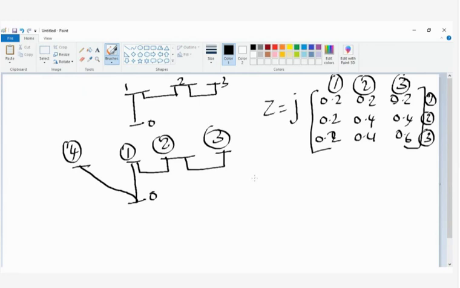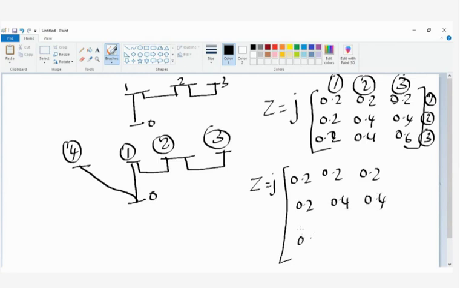We have to repeat the row and column of the node to which it is connected. So 0.2, 0.2, 0.2, 0.2, 0.4, 0.4, 0.2, 0.4, 0.6. So which node is it connected to?